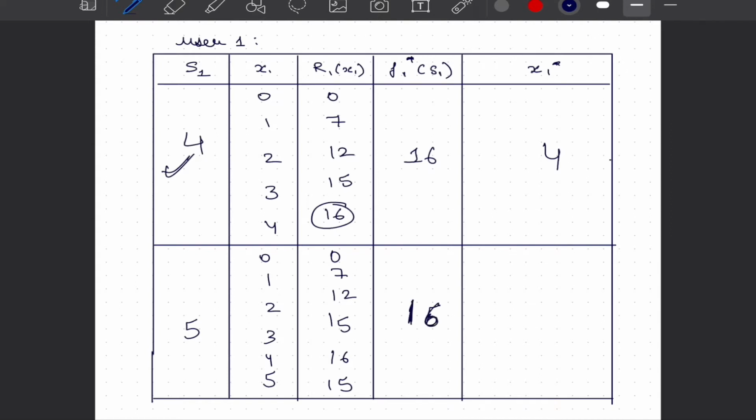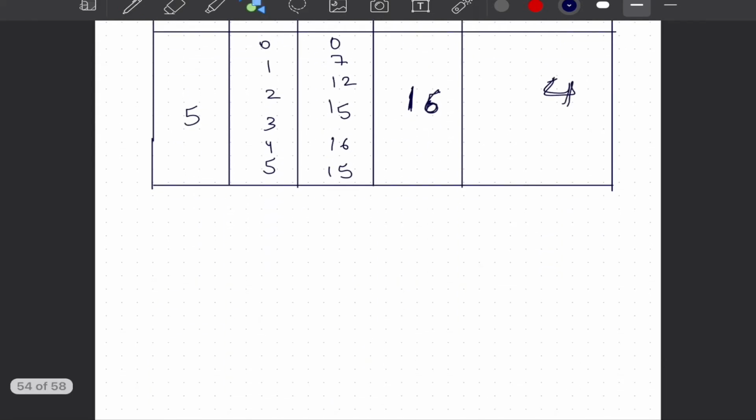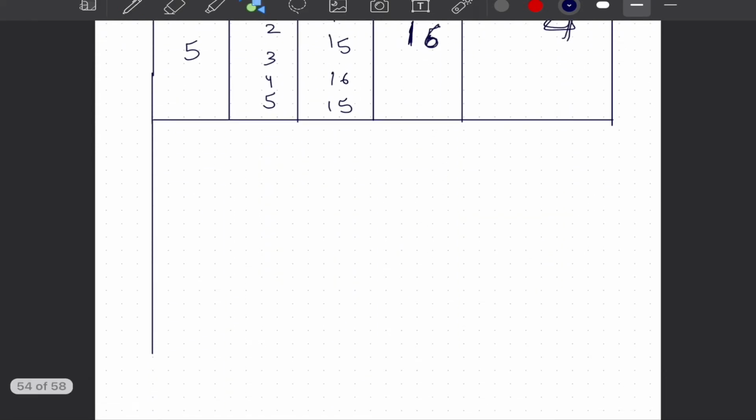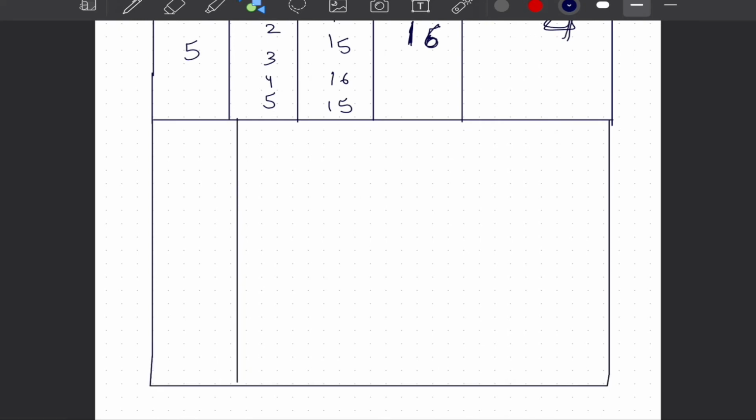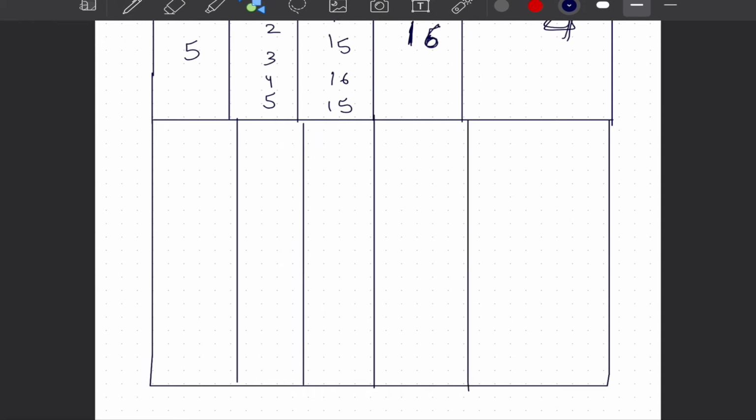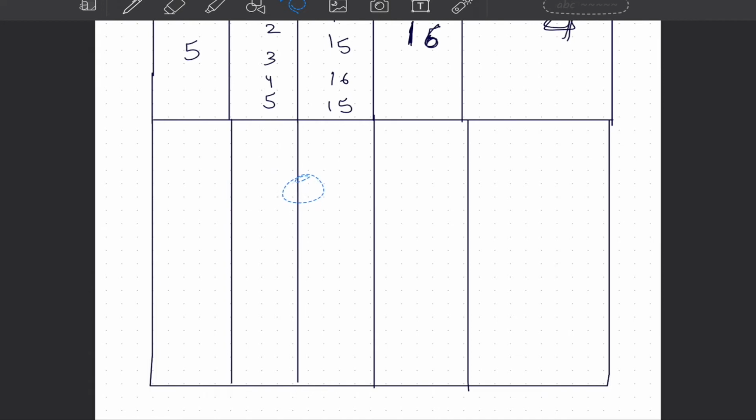Here we have 0, 1, 2, 3, 4, 5, and the returns are 0, 7, 12, 15, 16, 15. Now you see that instead of allocating 5, even if 5 units of water are available when we reach user 1, we should allocate 4 so that our return is the maximal amount of 16, and allocation is still 4.